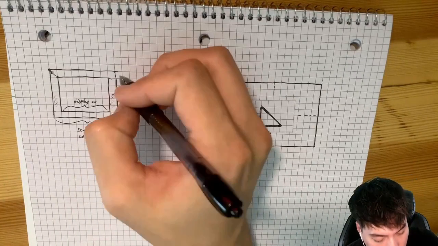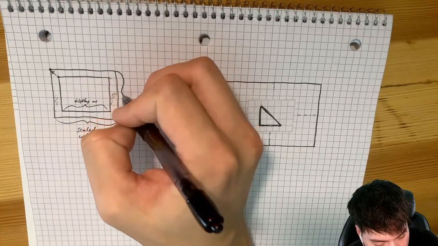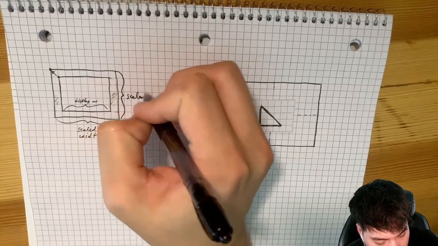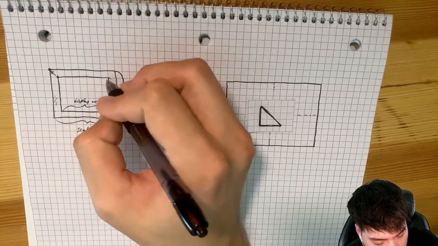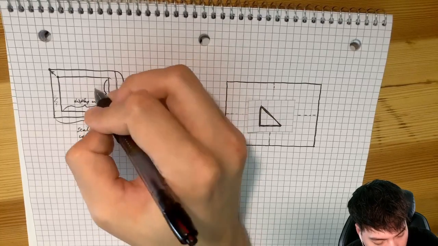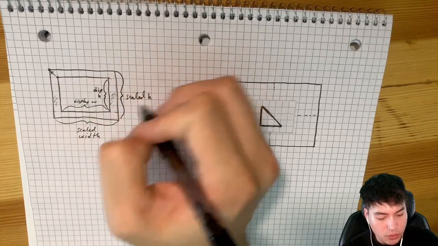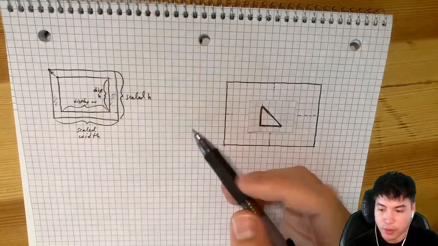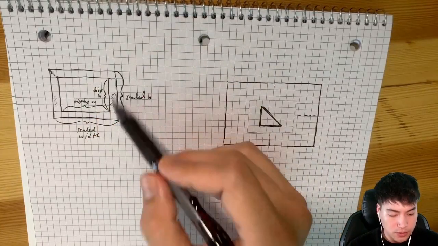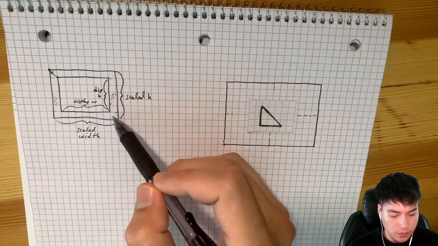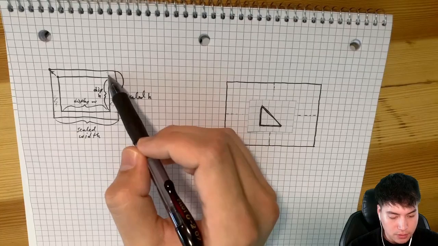And the same can be done here. This is my scaled height, and then this is my display height. I take the scaled height, which is this length here, and I subtract the display height, and then I'm left over with this and this.